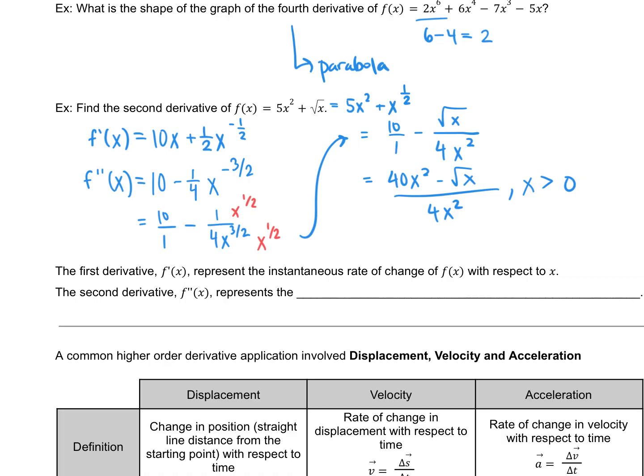Now, in terms of first and second derivative, the first derivative we know represents the instantaneous rate of change of f at x with respect to x, or it represents the slope of the tangent, and a tangent is at a specific point. The second derivative is going to represent the rate of change of the rate of change with respect to x. So it's the rate of change of this.